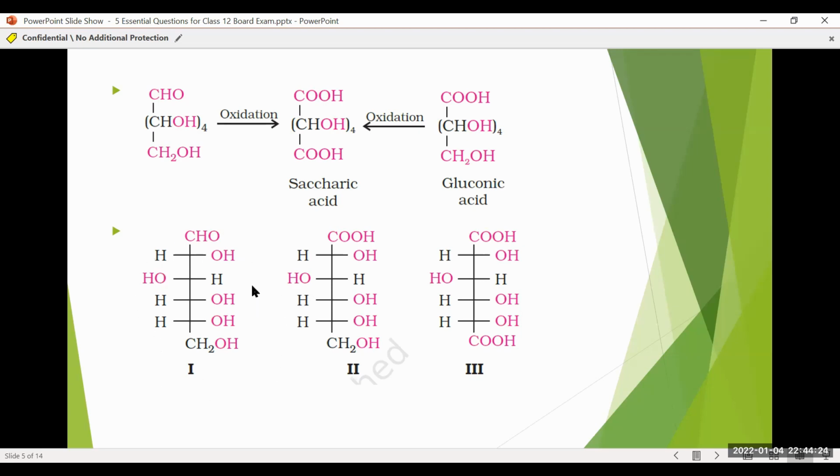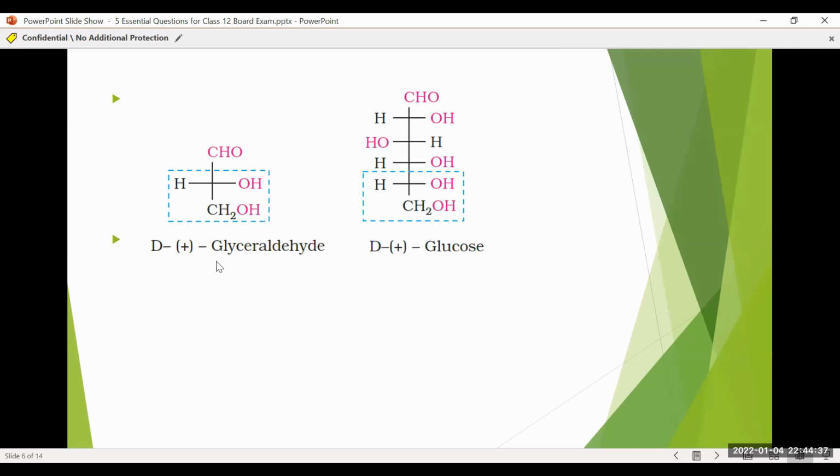As you know, it is called D plus glucose, D capital plus glucose. In the next slide, we will discuss why this particular structure is called D plus glucose. We will discuss this structure in the present slide.